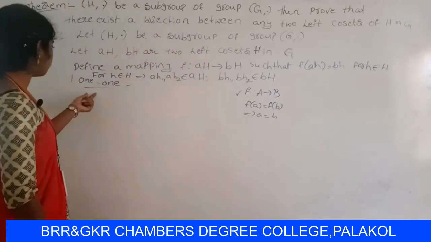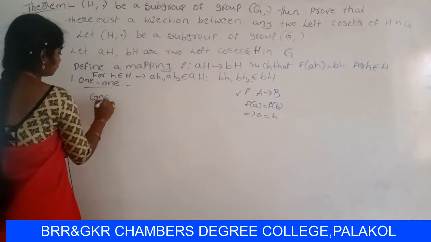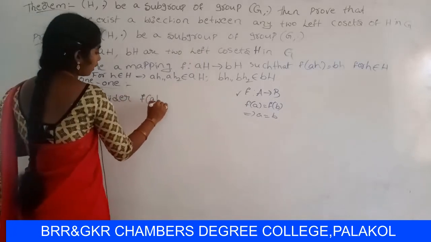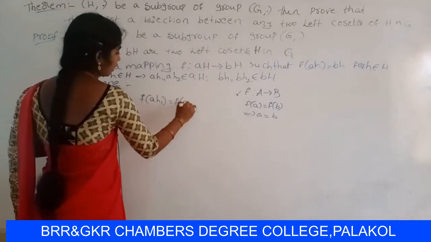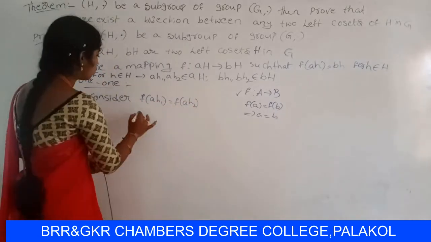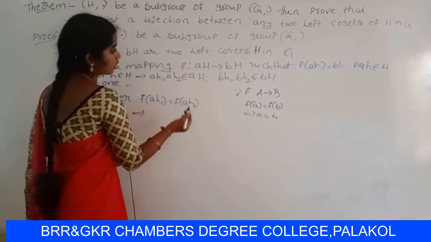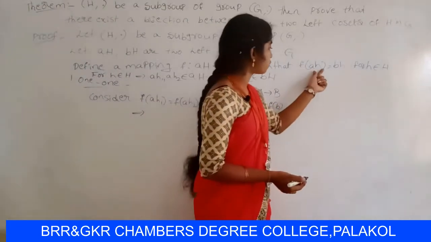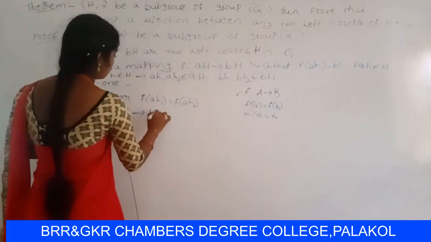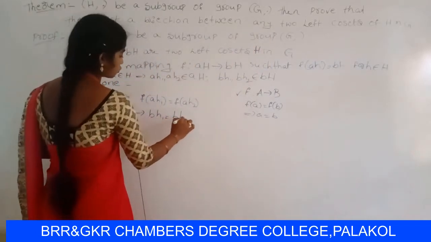So let us consider f of ah1 equal to f of ah2. We have to show that ah1 equals ah2. So f of ah1 equals bh1, and f of ah2 equals bh2.